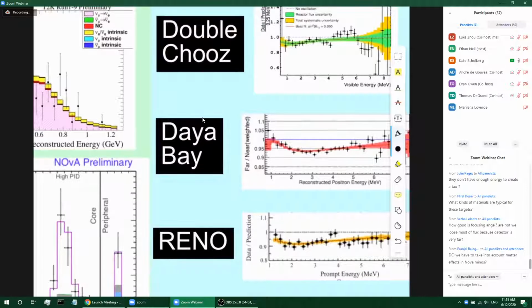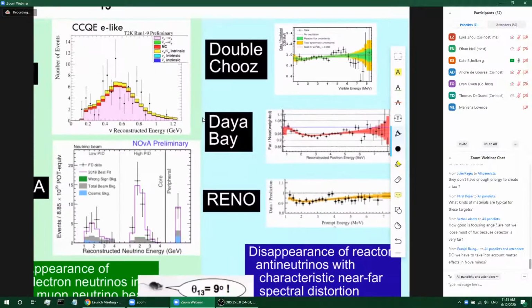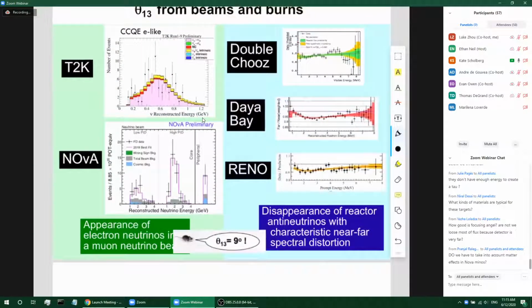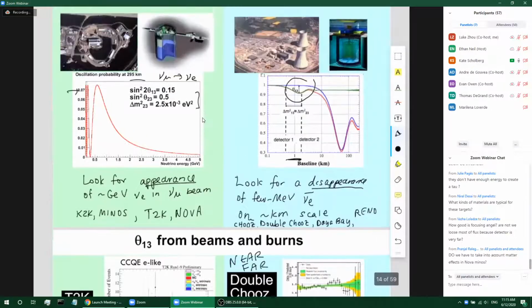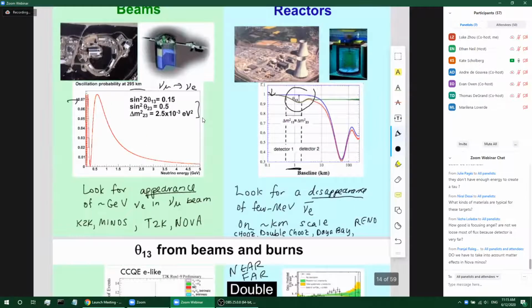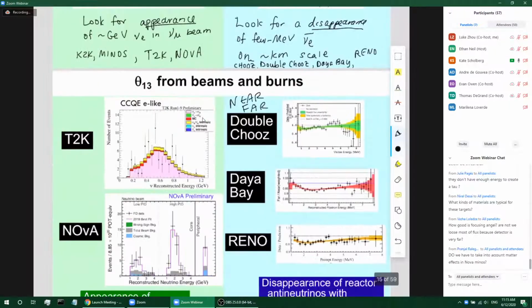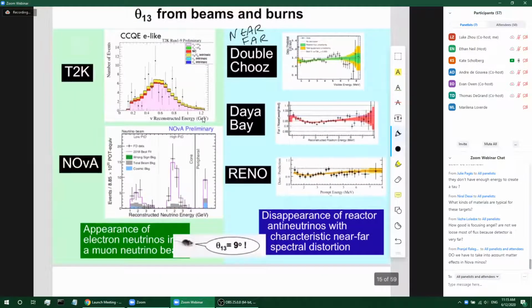These have multiple detectors. Yeah, it's far to near kind of ratios. And so here, I can mention there are near and far detectors. Nearby, there shouldn't be much oscillation. So if you're here, you don't get a lot of oscillation. But if you're right here, you will get a deficit. And that is exactly what these detectors have observed.